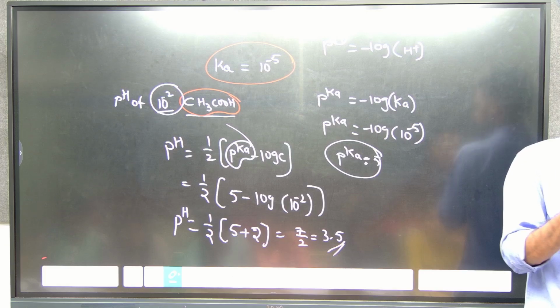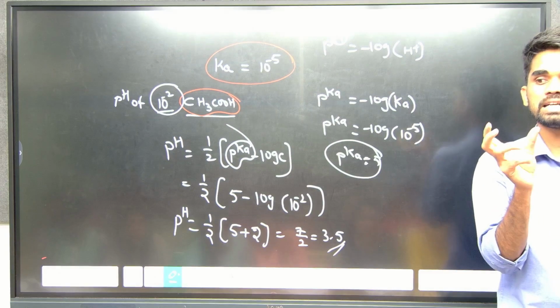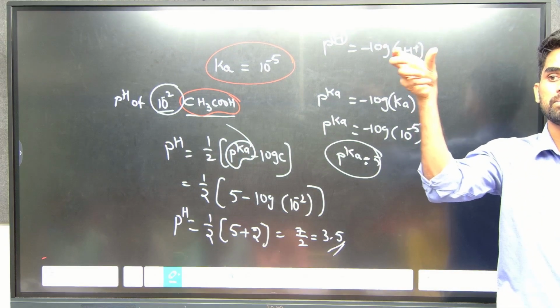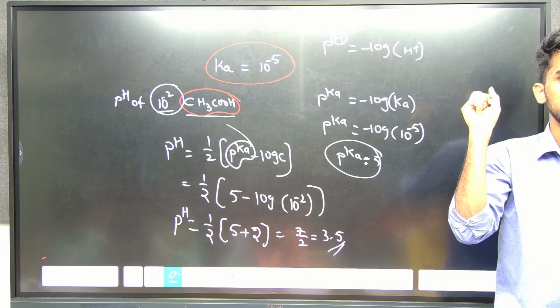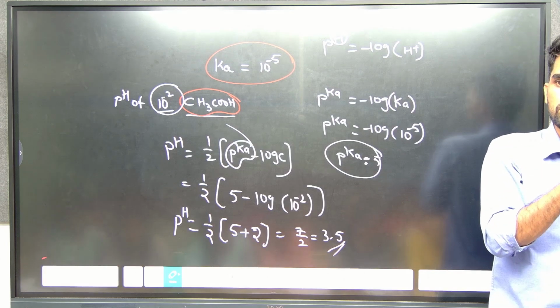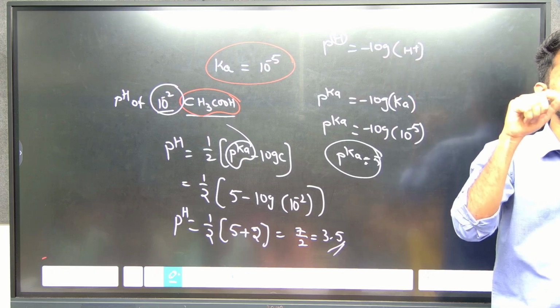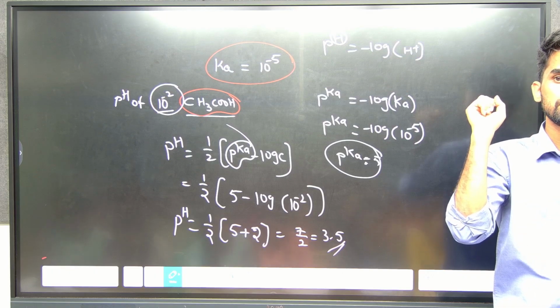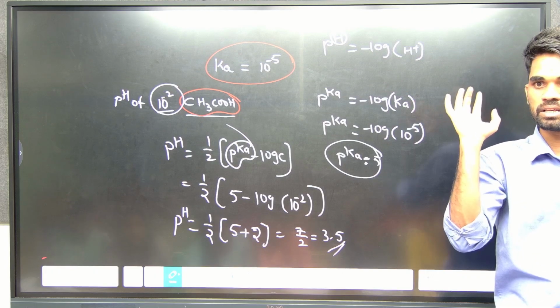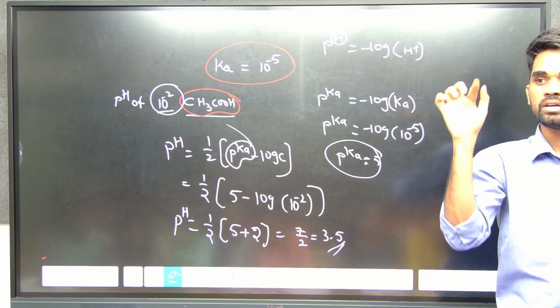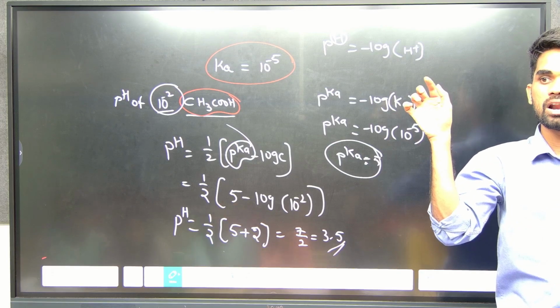It is 7 only, neutral. But if the salt is formed from strong acid plus weak base, the resultant salt solution is also acidic, because what is strong here? So now the pH formula is what? 7 minus half pKb plus log C.